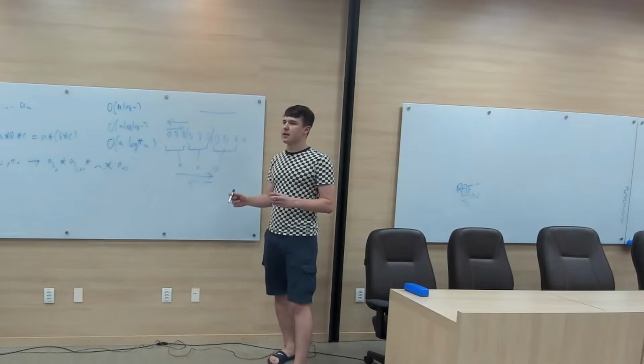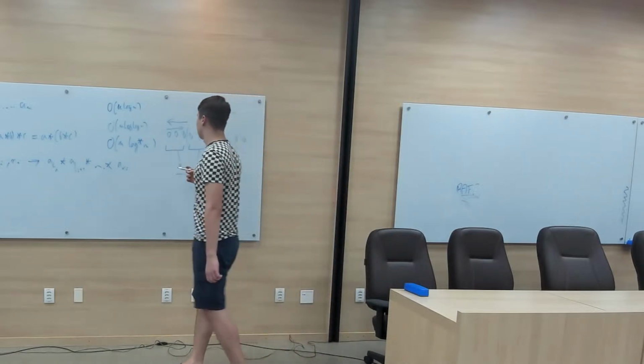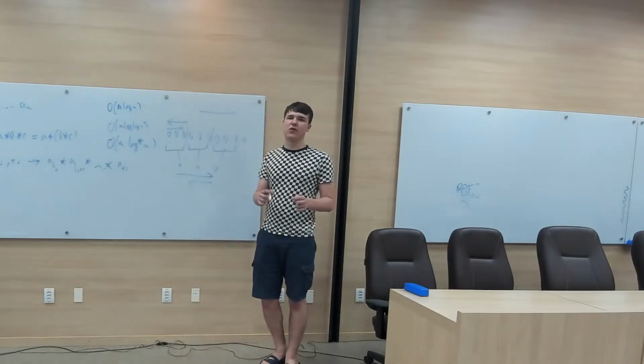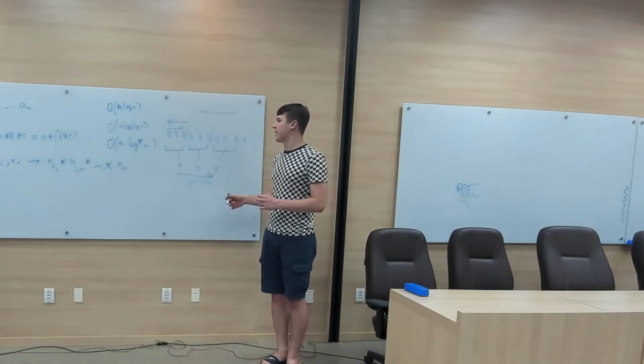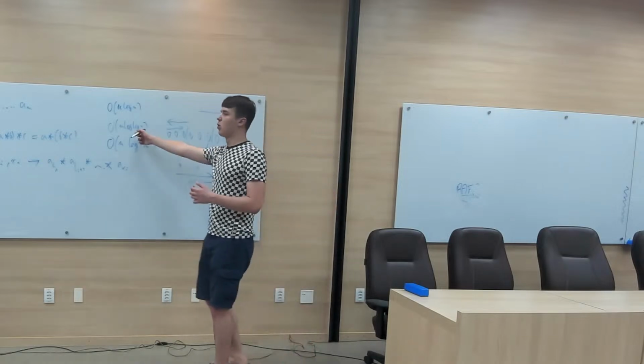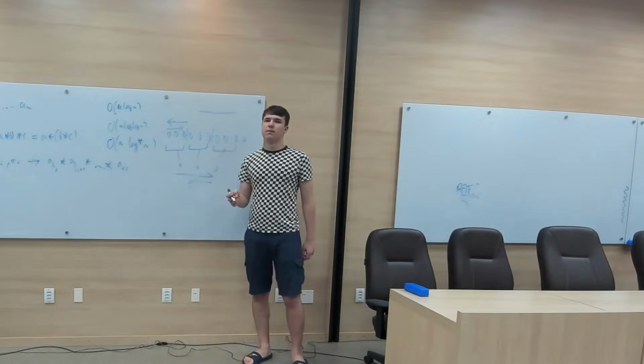What's the depth of this recursion? When we take a square root, the logarithm of a value decreases by half, and a logarithm can decrease by half only log times. So this preprocessing is n log log n.